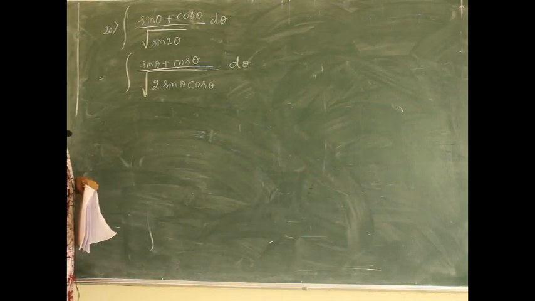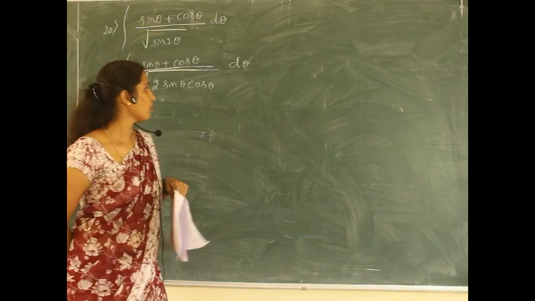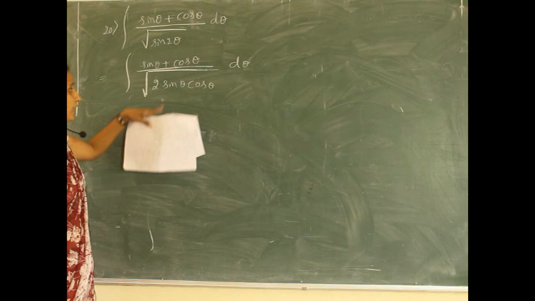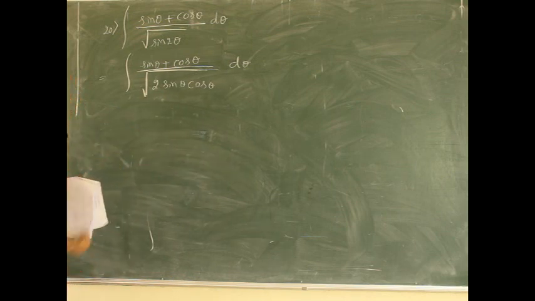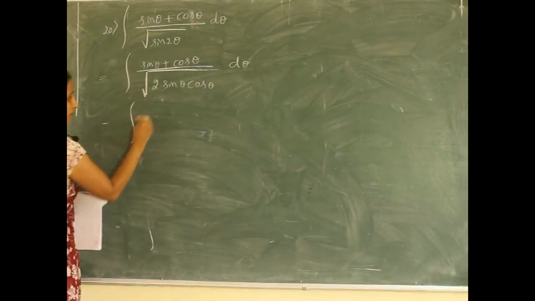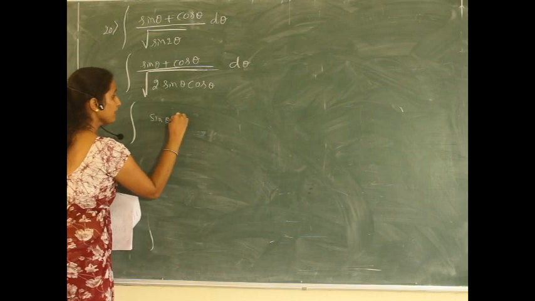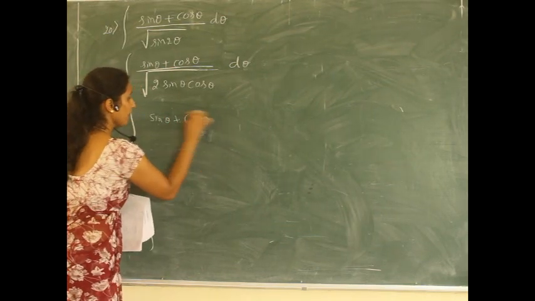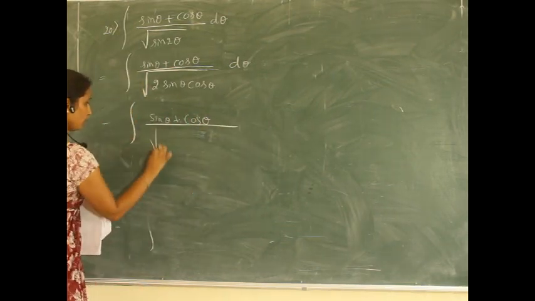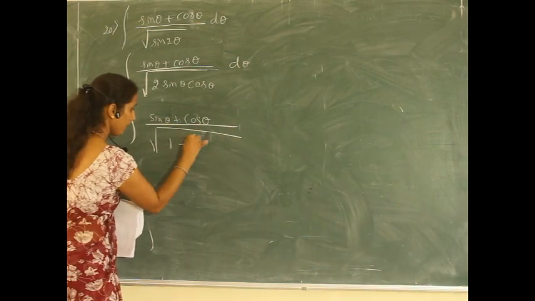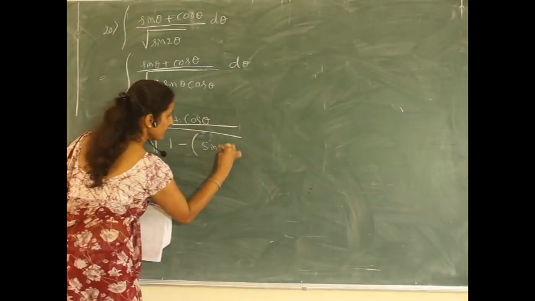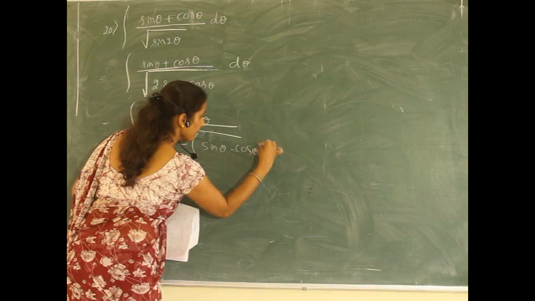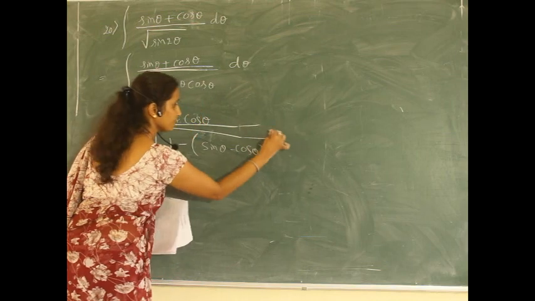So here I can write it as sin theta plus cos theta divided by root of 1 minus sin theta minus cos theta whole square, d theta.